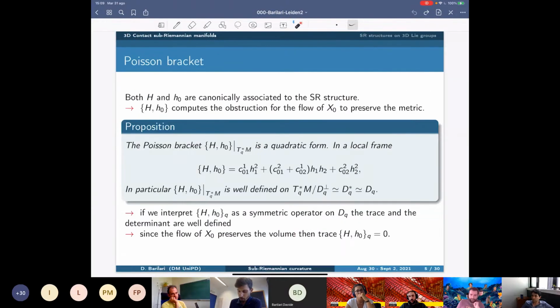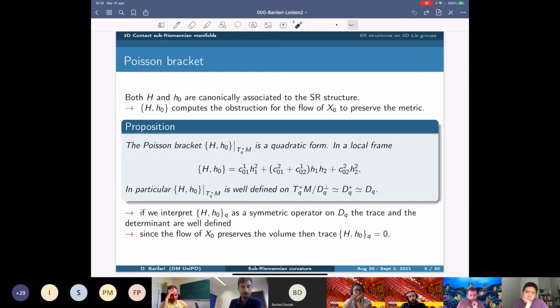So we have 2 functions on the cotangent bundle which are canonically associated to our Sub-Riemannian structure. The big H, which is somehow the metric, and this small h0, because the Reeb vector field is associated to the contact structure, which we normalized using the metric.